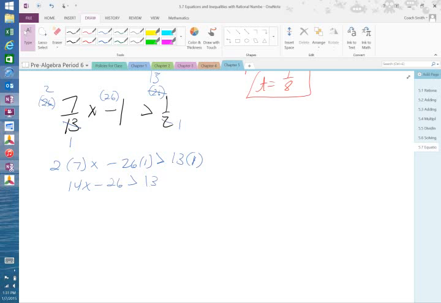So what do I do to solve that? Add 26 to both sides. Yep. Add 26 to both sides. Cancels on the left side, and it gives me 39 on the right side. So that's 14x is greater than 39.